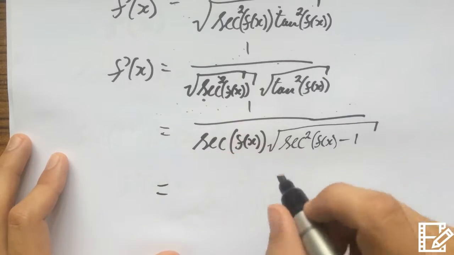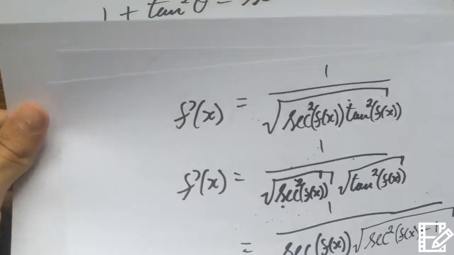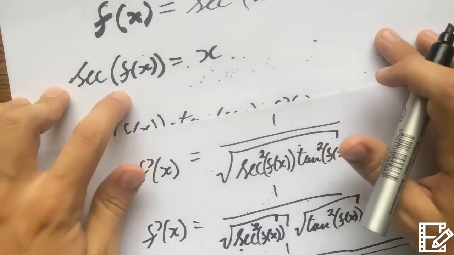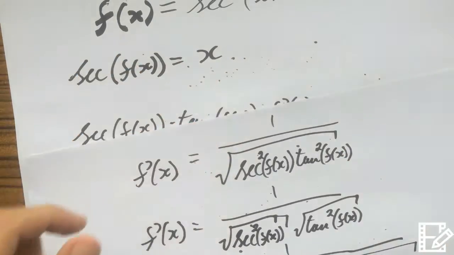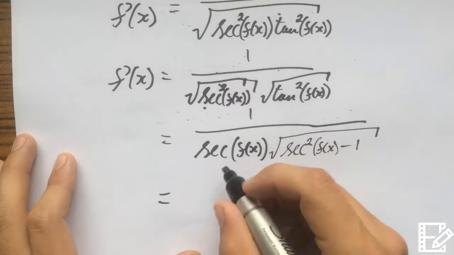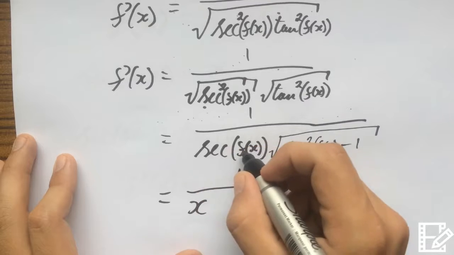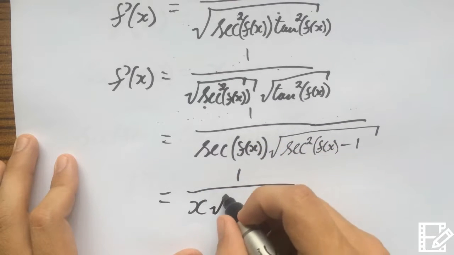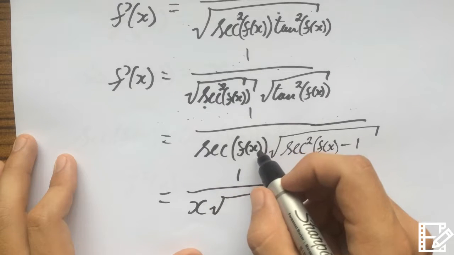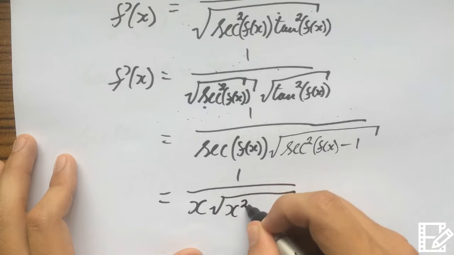Now, we established earlier, and I can find it, it's here, that sec f(x) equals x. Sec f(x) must equal x. So first we have 1 over x, because x and sec f(x) equal the same thing, square root. If x equals sec f(x), then sec squared f(x) must equal x squared.